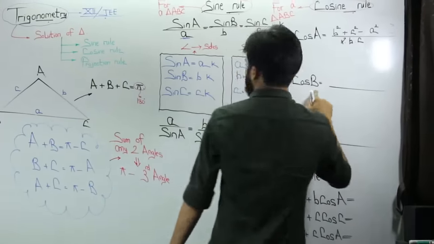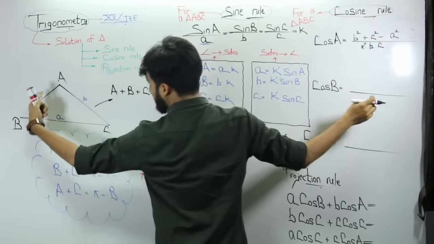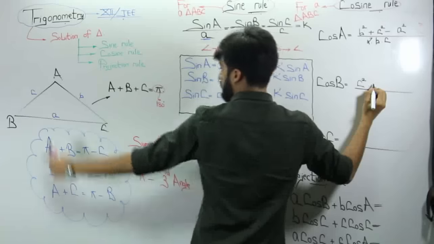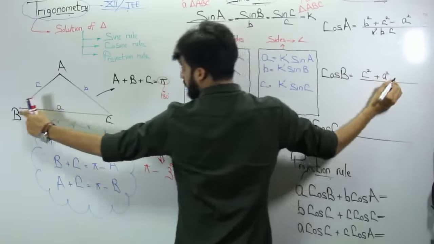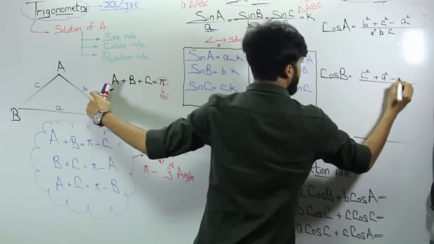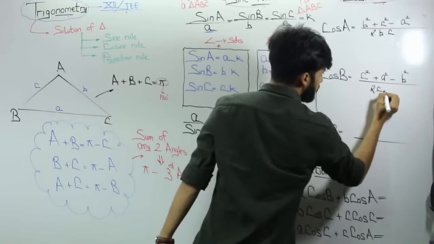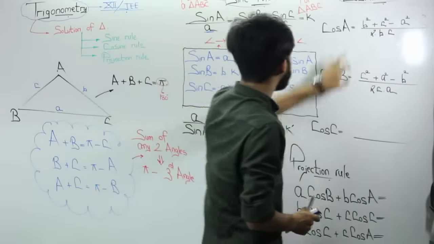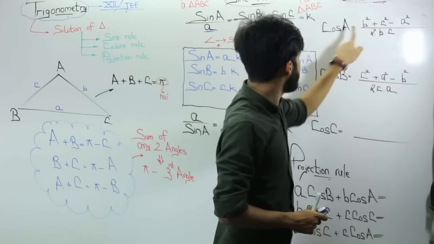If I want to write cos of B, in the numerator square and add the adjacent sides, C square plus A square, and subtract the opposite, B square. In the denominator it is 2 into the first value into the second value. If it is A, the other two, B and C, get squared and added, and the same one gets subtracted.